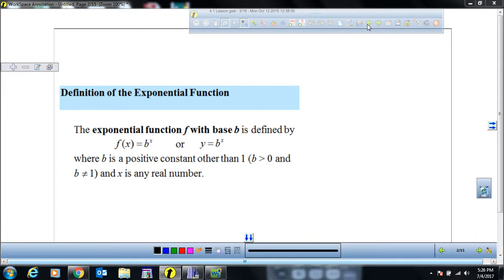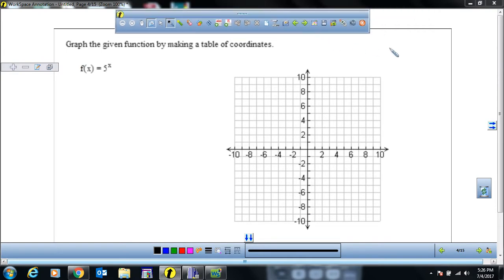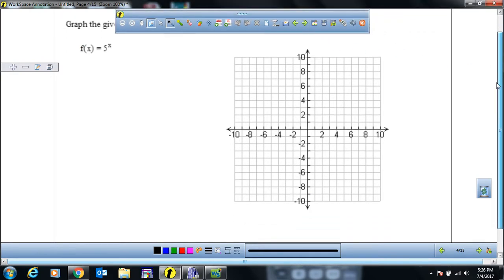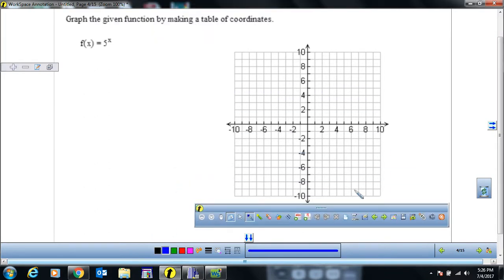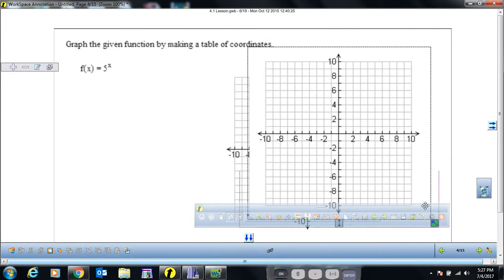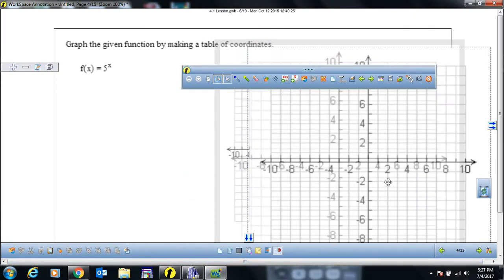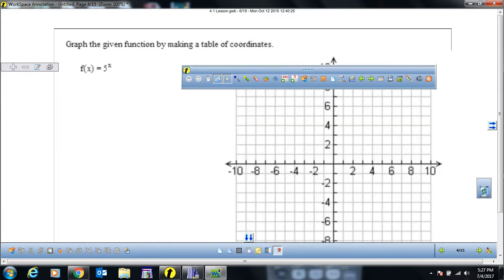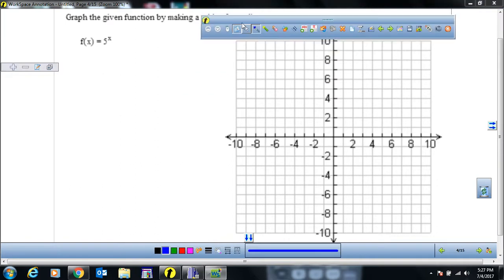Now, let's go ahead and start graphing a couple of these functions. The first thing we're going to do is graph the given function f of x equals 5 raised to the power of x by creating a table of coordinates. I'm going to create the table by using the values -2, -1, 0, 1, and 2 as before.